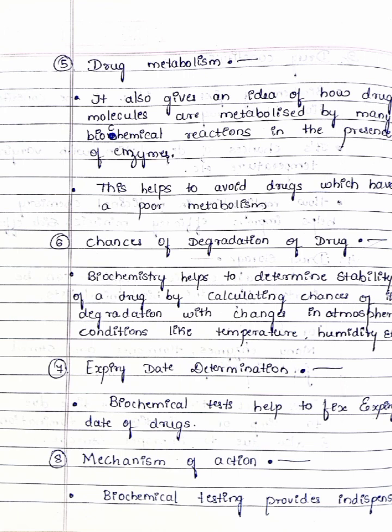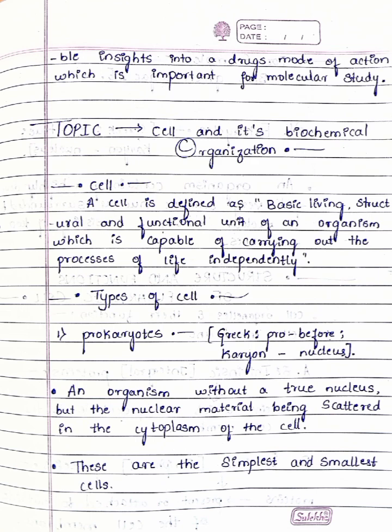Biochemistry helps to determine stability of a drug by calculating chances of its degradation with changes in atmospheric conditions like temperature and humidity, etc. Seventh, expiry date determination. Biochemical tests help to fix the expiry date of drugs. Mechanism of action. Biochemical testing provides indispensable insight into a drug's mode of action, which is important for molecular study.